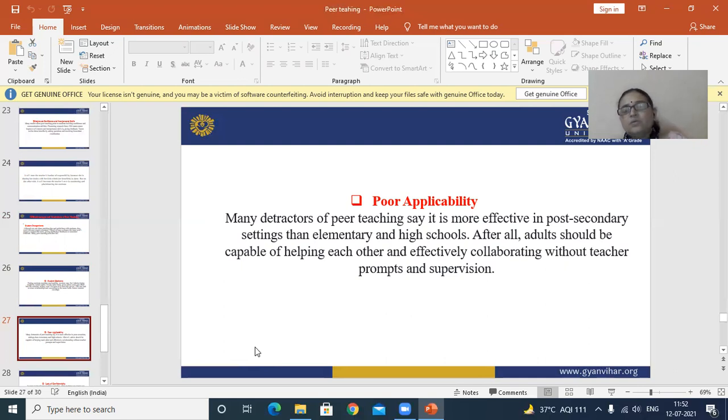After all, adults should be capable of helping each other and effectively collaborating without teacher prompts and supervision. So this is a disadvantage of peer teaching, poor applicability for the primary section.